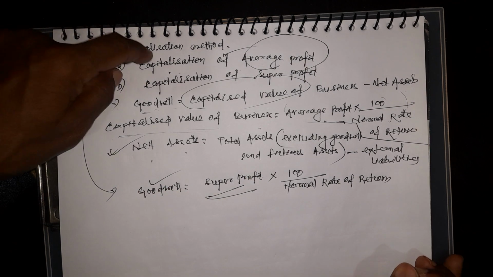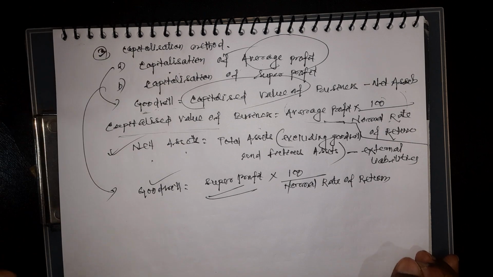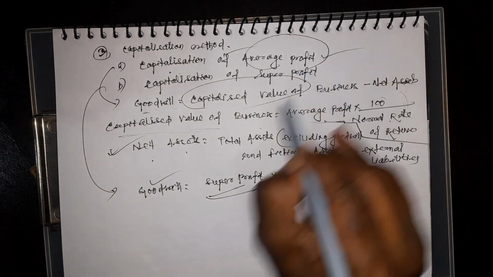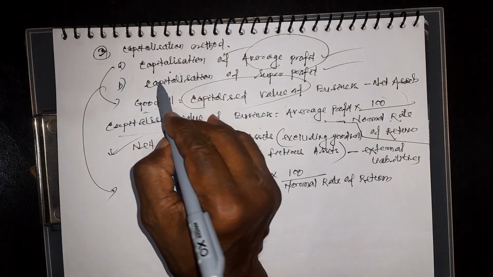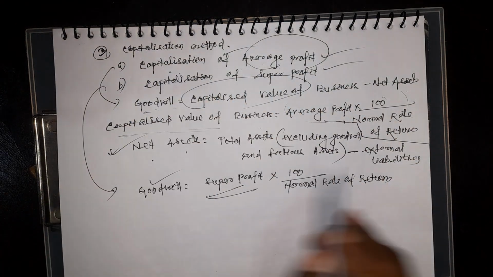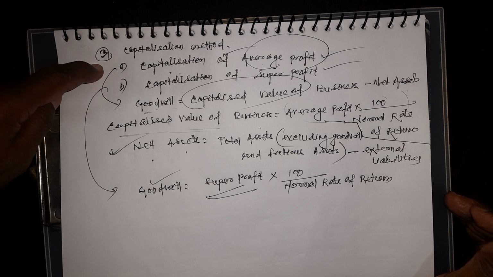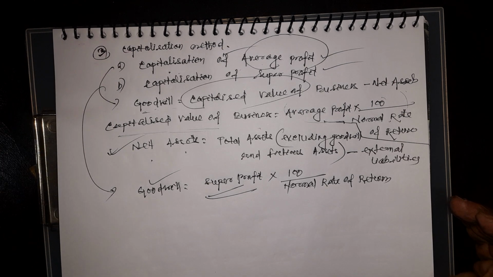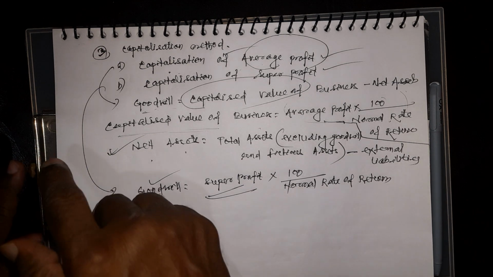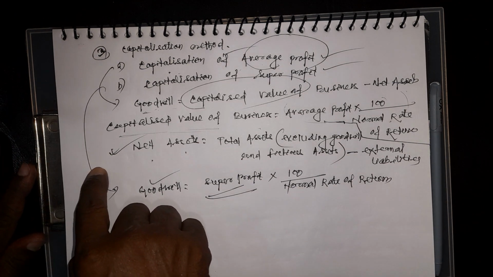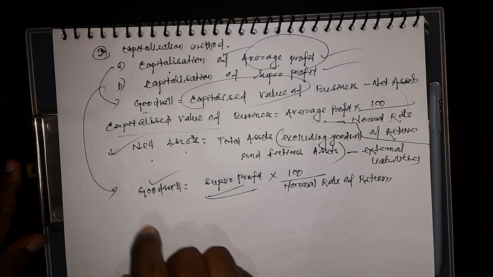And under the capitalization method, it is given capitalization of average profit and capitalization of super profit, so under which concept you are asked to calculate the goodwill, first of all you will see. Clear? In the next video I will explain the different methods and solve numerical questions.